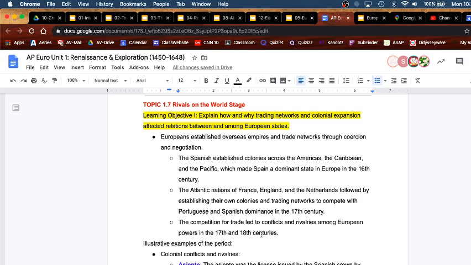When it says 17th and 18th century, that's 16 and 1700s. And so we're going to see really those five countries, empires that I keep discussing: the Portuguese and the Spanish, the Dutch, the French, and the English, or the British. Those are going to be the five dominant overseas colonizers.